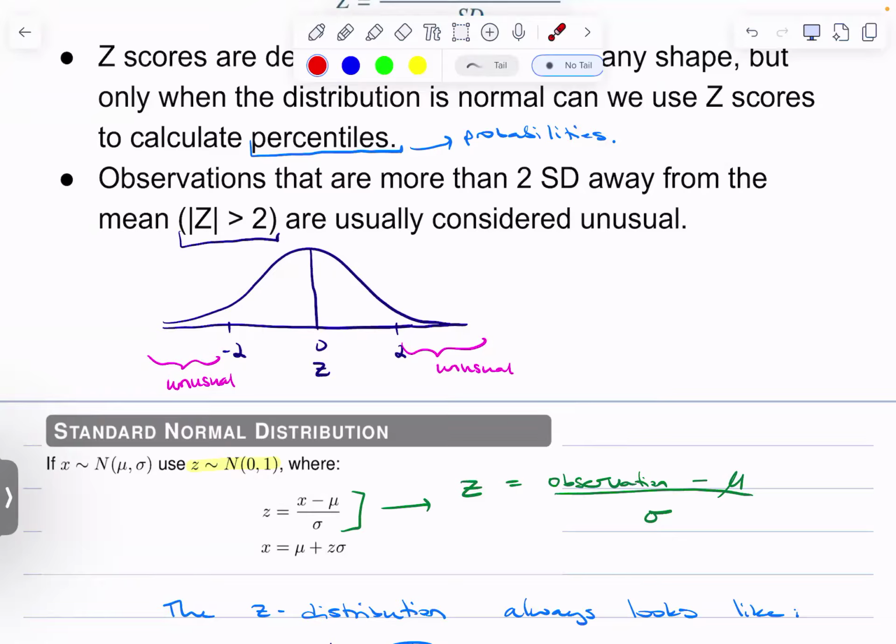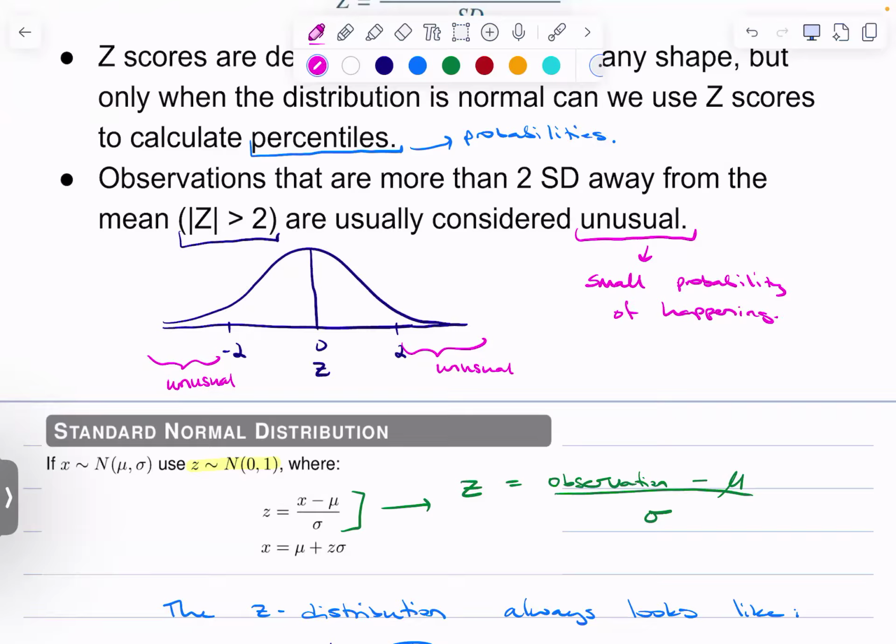And we'll see that. But unusual for us means the small probability of happening. That's what unusual means to us.